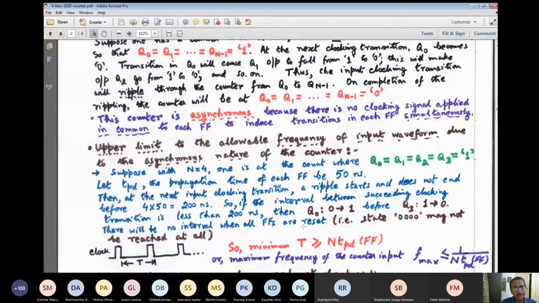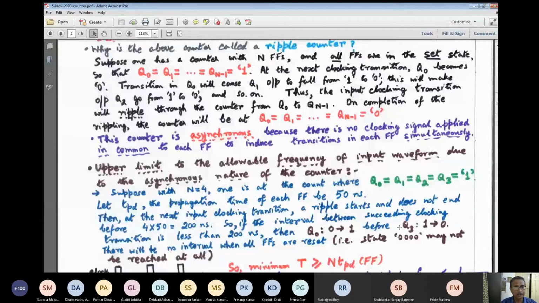For example, maybe the all-0 state will not appear, it will be skipped, and we may reach say 0001, depending on the frequency.